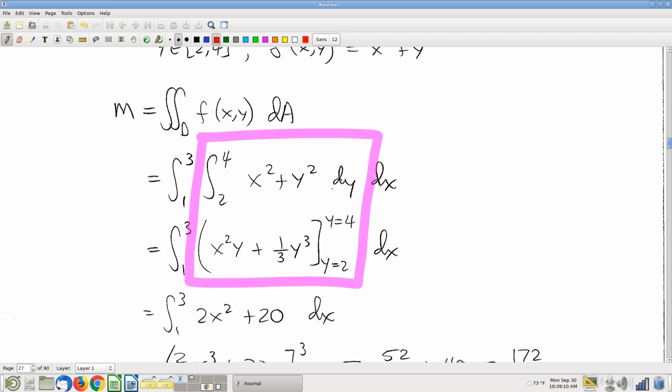Okay, so then y goes from 2 to 4. One of my little superstitions I'll share is I like to not just write 2 and 4 over here. I like to write y equals 2 and y equals 4. Because when you plug those in, even though x is a constant and x is not changing, just psychologically, wouldn't it be a bummer if instead of plugging in 4 for the variable y, you accidentally plugged it in for x?